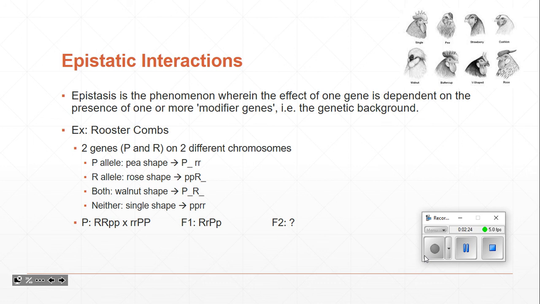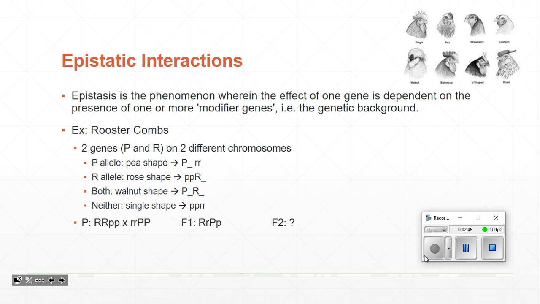So if I consider the P allele, capital P, if the rooster has the capital P allele, but it doesn't have the dominant R allele, it will have a P-shaped comb. So if I look over here, this second one on the top, that's a P-shaped comb.